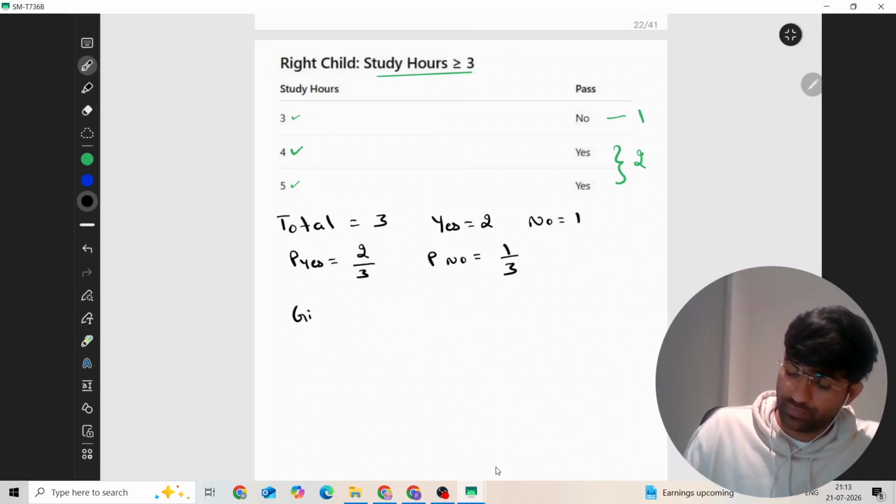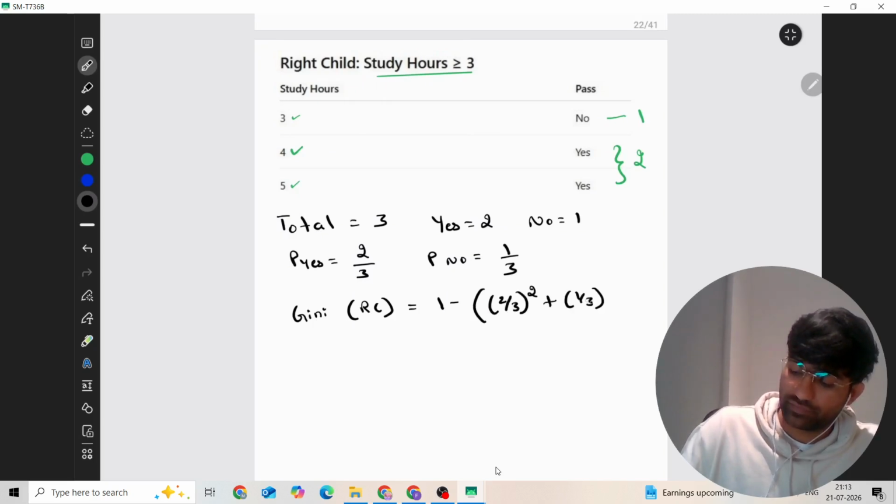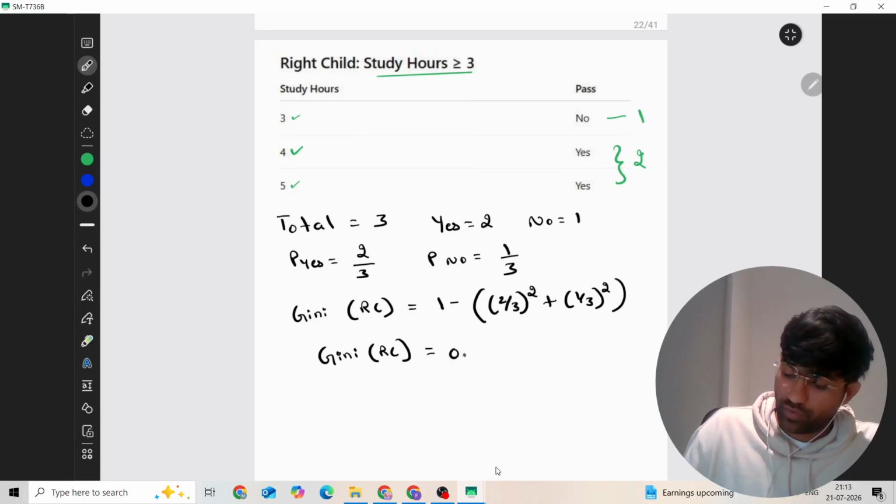And Gini impurity of right child will be 1 minus (2 by 3 square plus 1 by 3 square). You make the calculations, the Gini impurity of right child is equal to 0.44.